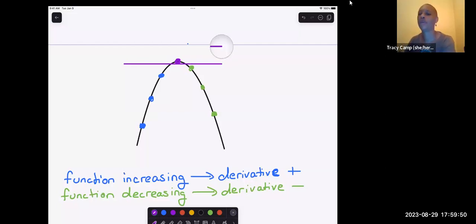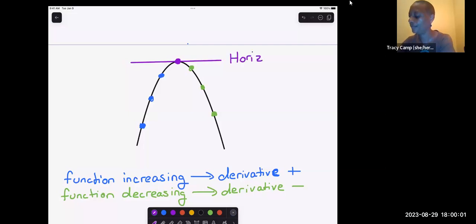Let me try drawing it again. There. This is horizontal. And so in general, whenever you have a curve with a smooth maximum point or a smooth minimum point, you're going to have a horizontal tangent line, which means that the derivative here is equal to 0.